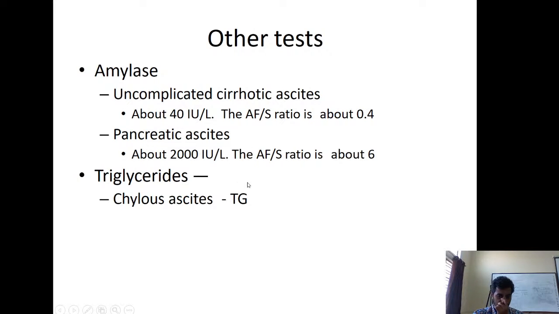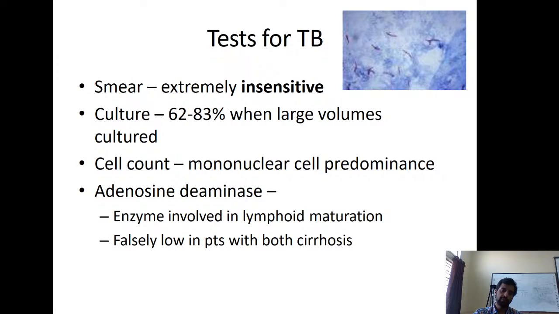Triglycerides, when they are increased, it's called chylous ascites. Tests for TB: whenever you do a Gram stain, because TB is a slow growing bacteria, you will not have a significant amount of bacteria within your peritoneal cavity, so you may not be able to find it through a smear. And culture also, because they are slow growing and the fluid has very few bacteria, it may not achieve 100% results.